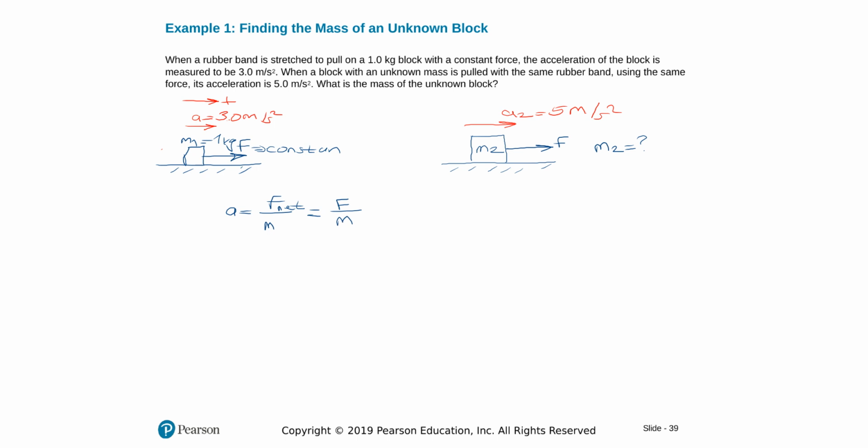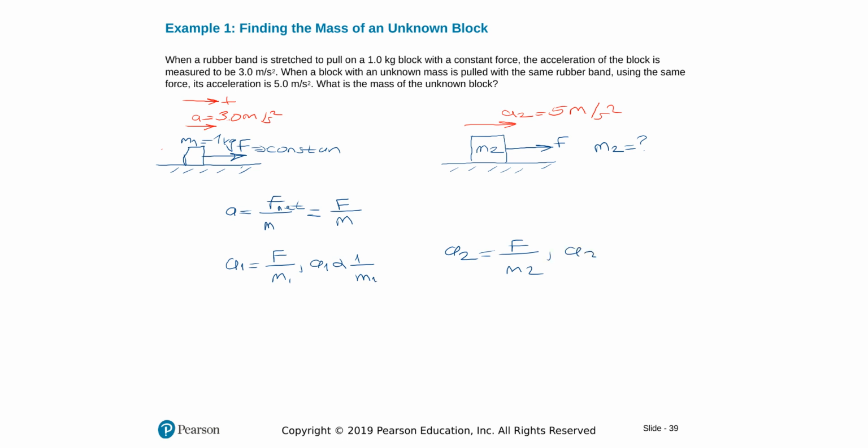So inverse proportionality tells me a1 will be equal to F over m1, and a2 will be equal to F over m2. Since they are inversely proportional, I can just write this a1 as proportional to 1 over m1. That's inverse proportionality.